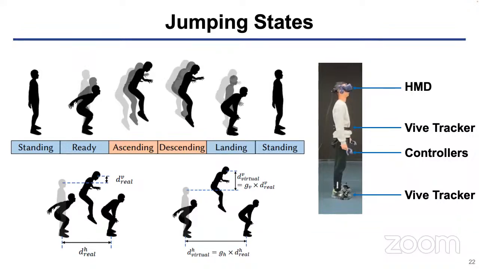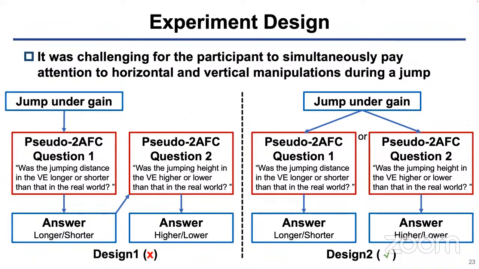But it was challenging for the participants to simultaneously pay attention to the horizontal and the vertical manipulations during jumping. So we have two design choices. The first design choice is to let the user jump once and answer questions 1 and 2 in sequence.